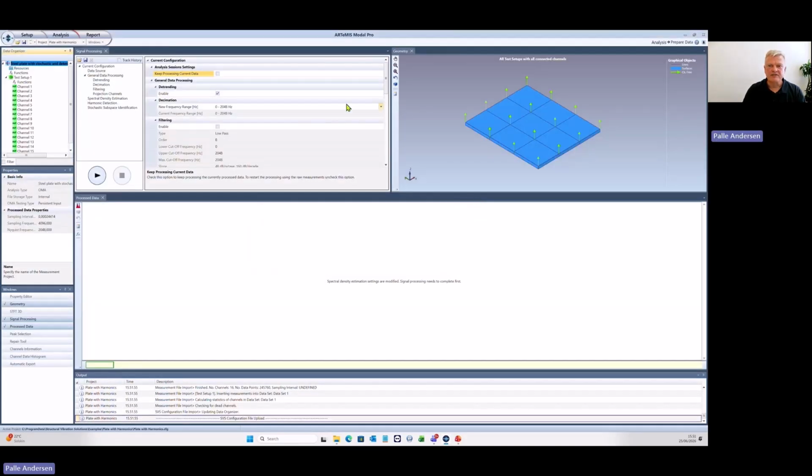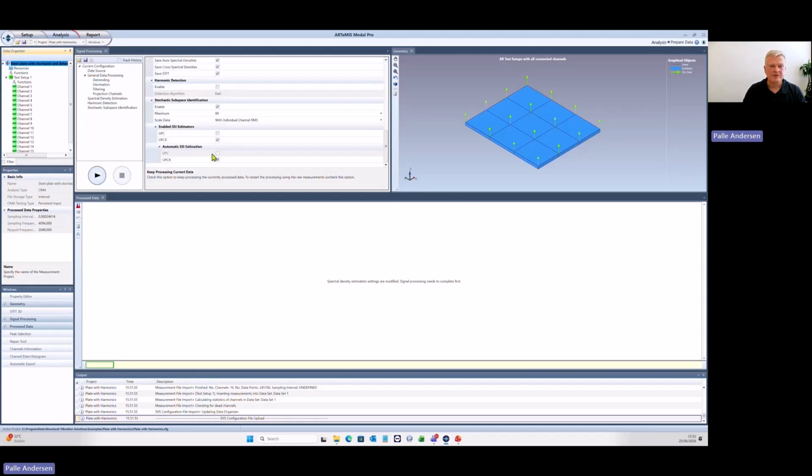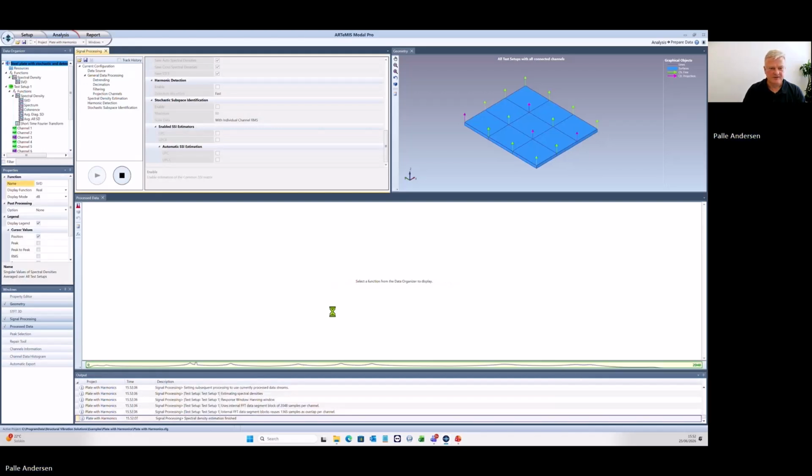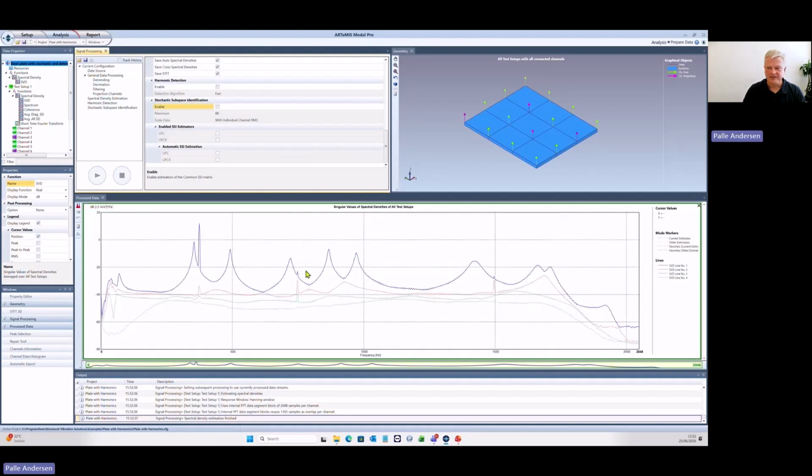Now if we process this one here, just to have a spectrum to look at, then we can see that we have these significant peaks from this rotating shaker that was on it. Especially this one here is quite significant. So the way to get rid of this is to first indicate at least the biggest one here.